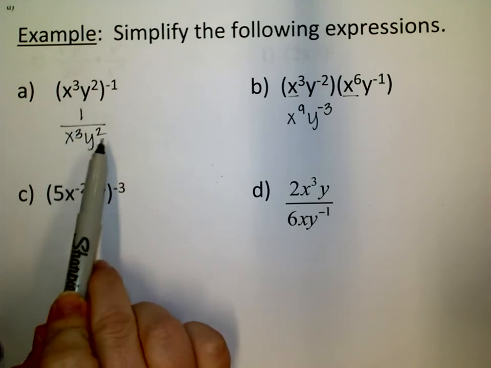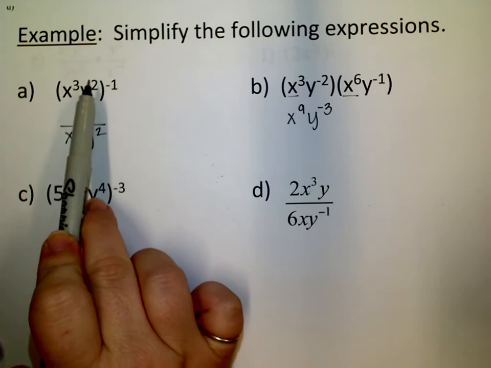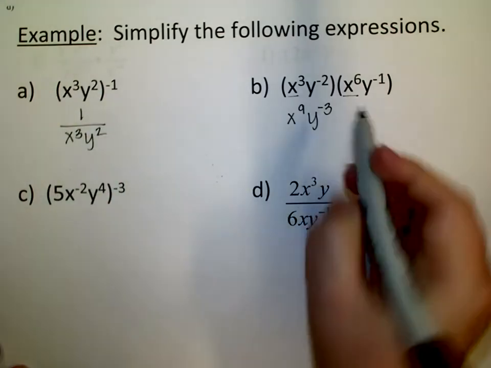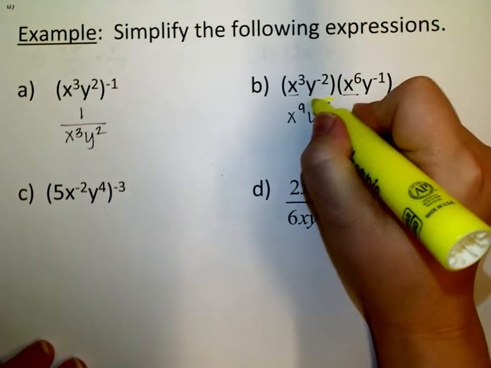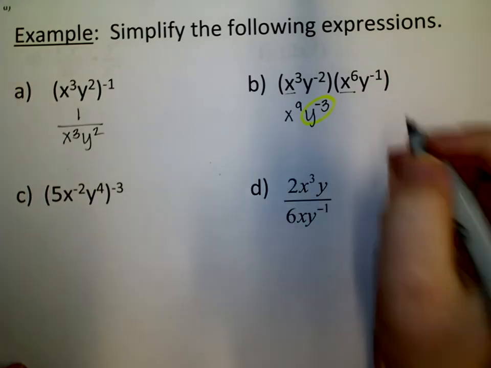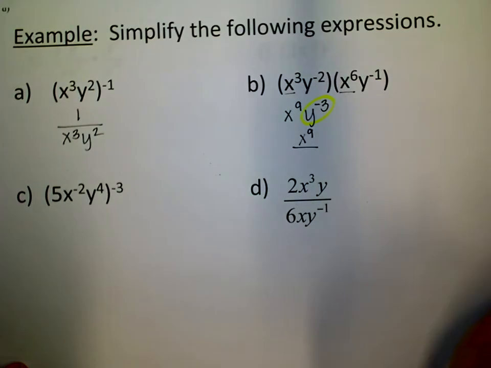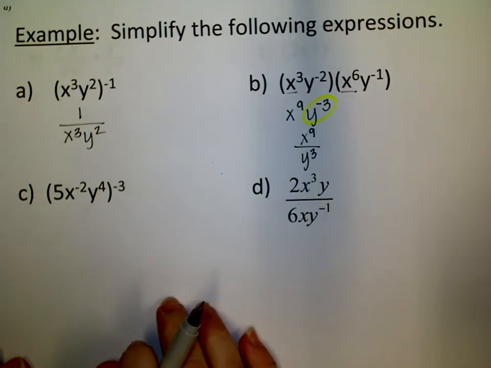Here this negative 1 moved everything, because all of this was in parentheses, making this entire quantity the base of this exponent. Here it is only the y that is being raised to the negative third power, so that is the only thing that is going to move. The x to the ninth will stay in the top where it is. The y to the third is what's going to move down.